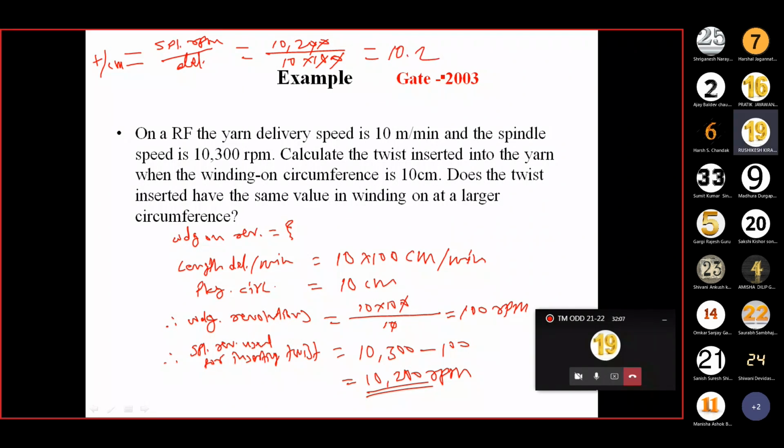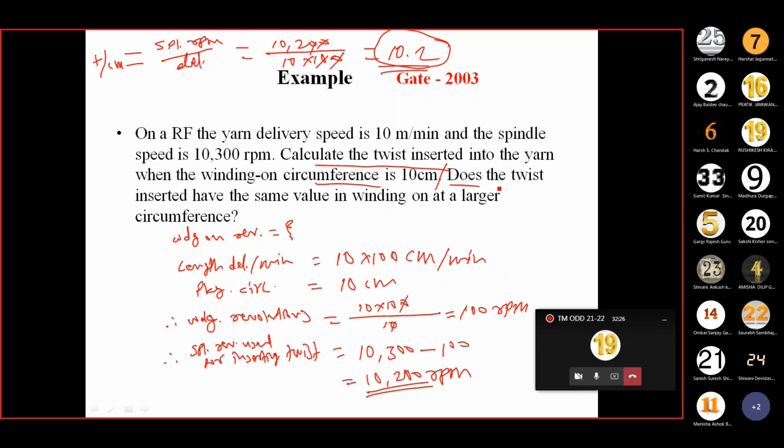So the twist per centimeter is 10.2. Now we have covered our first part up to this: calculate the twist inserted. So we have calculated the twist inserted. It is 10.2 turns per centimeter.